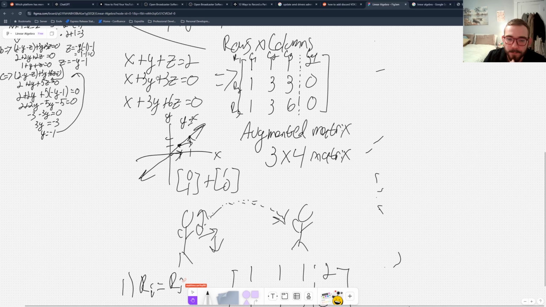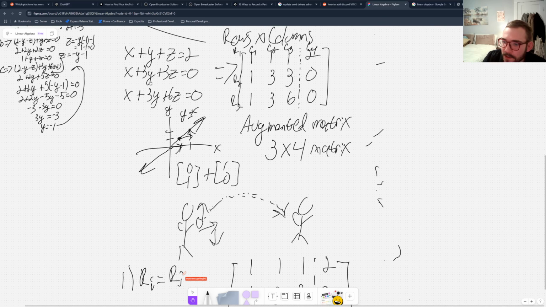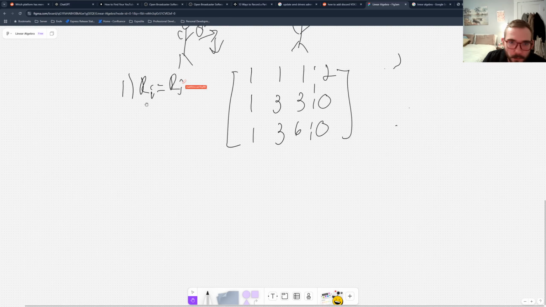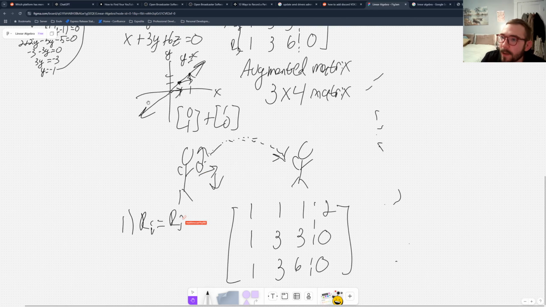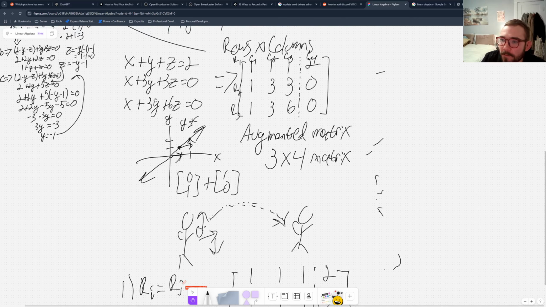What matters is the coefficients of the rows and how they match up to the right-hand side. If you started switching the coefficients over here, and you switched y and 3y, and made it x plus 3y plus z equals 2, that would totally mess things up.